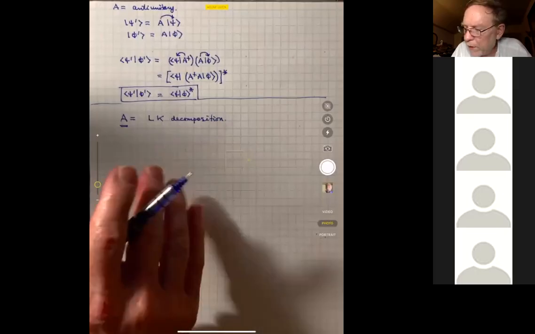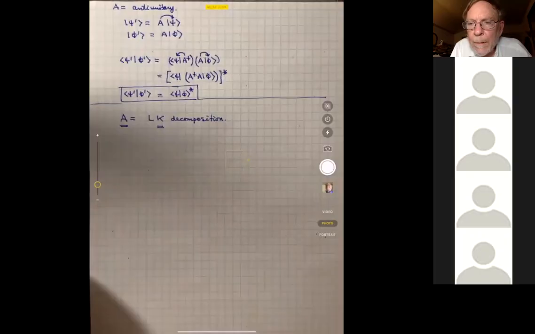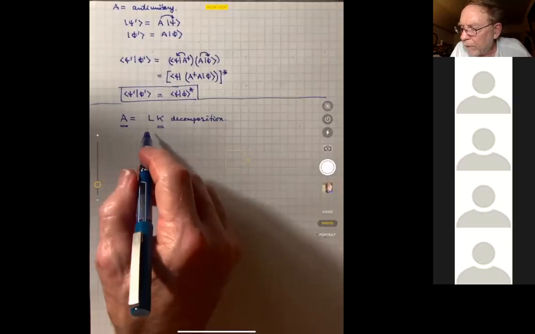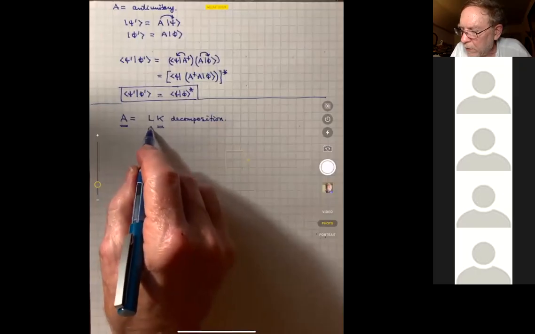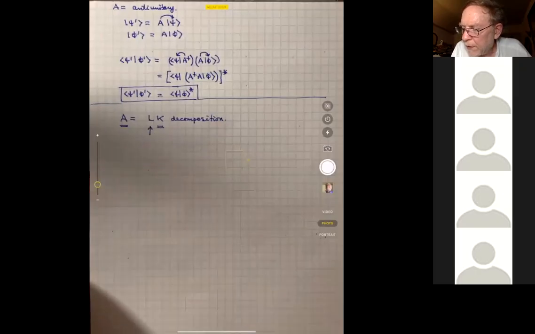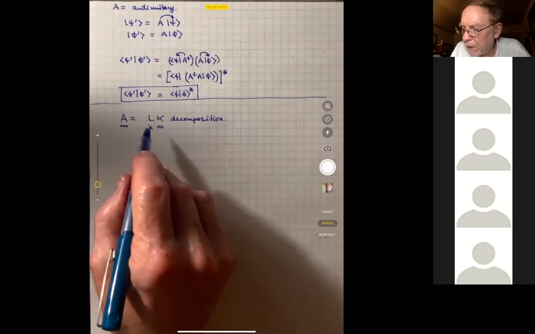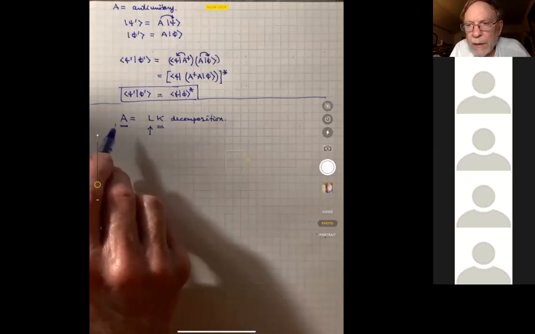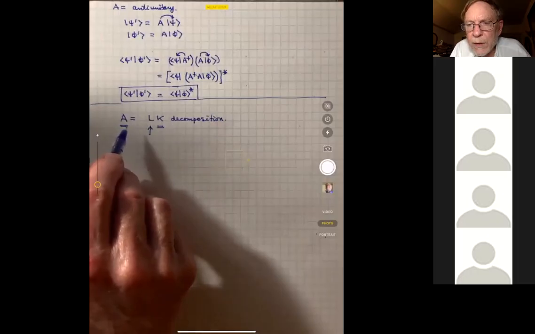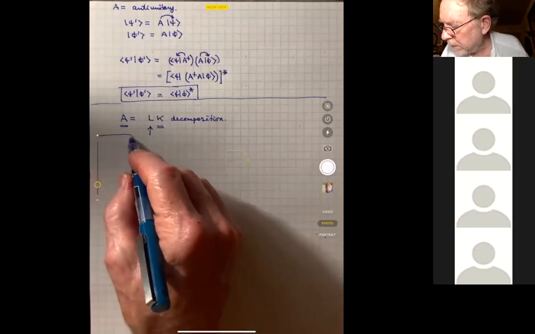What we do is we find an antilinear operator which is simple, and then what's left over, if I can factor it out, must be a linear operator, and that's what the L is. So the idea is that the K takes care of the antilinearity of A, and the L takes care of everything else. It's convenient to do this factorization for antilinear operators that occur in practice, and I'll give you some examples, probably not tonight because there won't be time, but that's the idea.